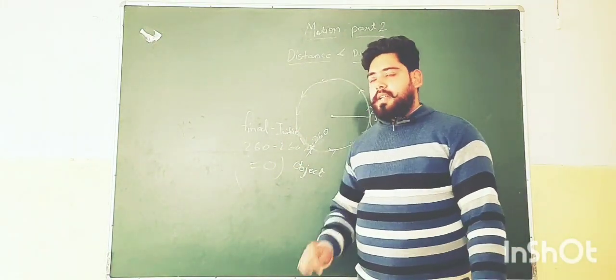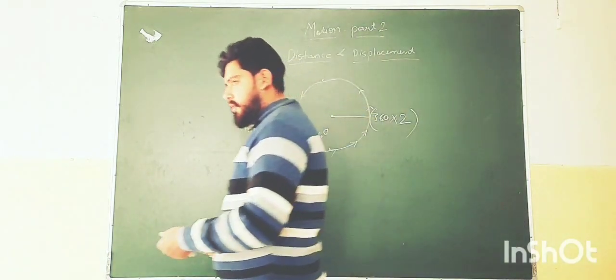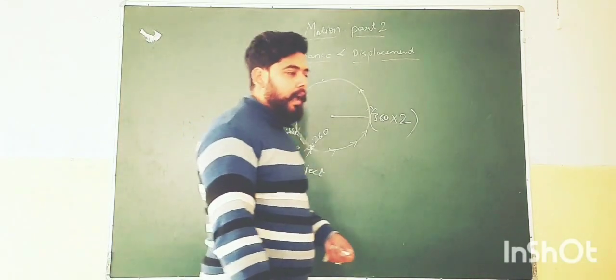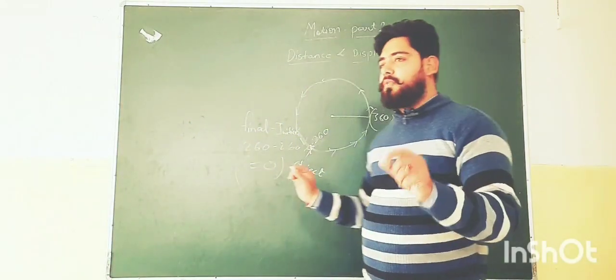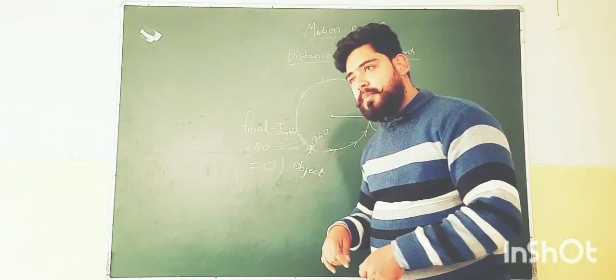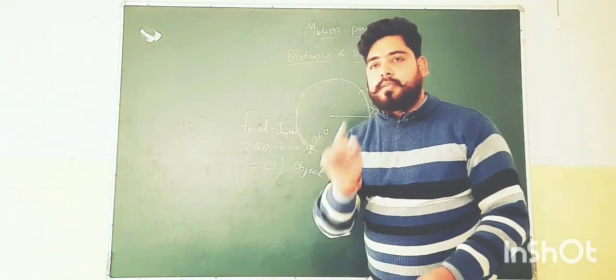If I am standing here, I move 2-3 feet and again I move 2-3 feet and come to my own place where I was standing earlier. Then if I have to measure the distance, there will be a total of 6 feet.